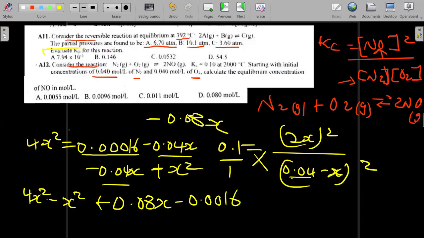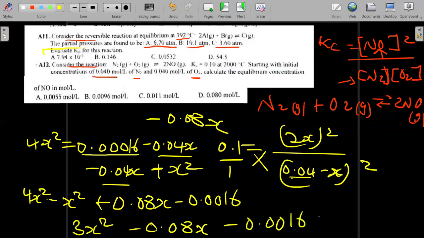Okay, so this is what we have. So from there, what are we going to do? We are going to subtract. So here we're going to have 3x squared minus 0.08x minus 0.00016. I've forgotten a zero here, so it should be another 0 there. This is equal to 0.